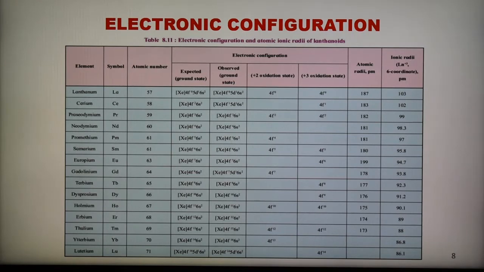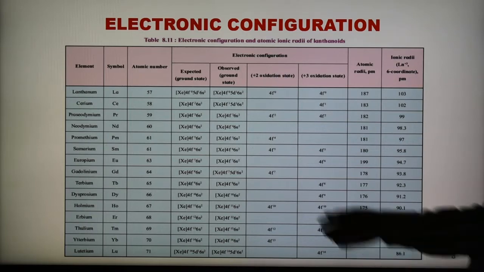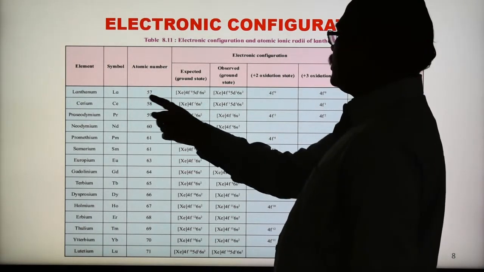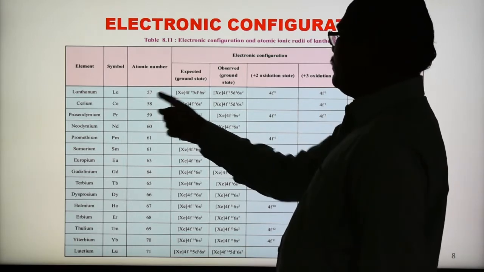Some exceptions are there in the electronic configuration of the lanthanides. Lanthanum follows barium. Barium has the electronic configuration xenon 6s2. Xenon has atomic number 54.